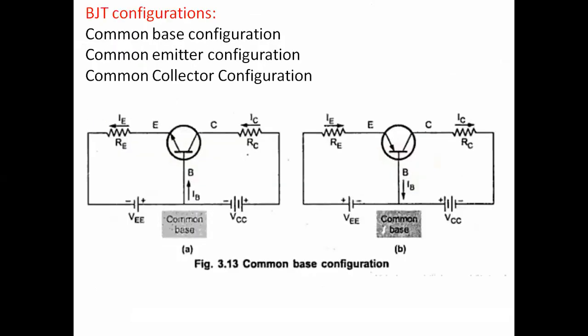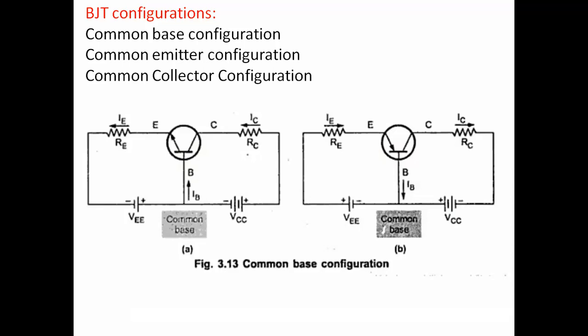After that, the transistors are configured in three types. We can operate the transistors in three types of configurations. For this, we have to apply the input and take the output. For applying input, we give it between two terminals.